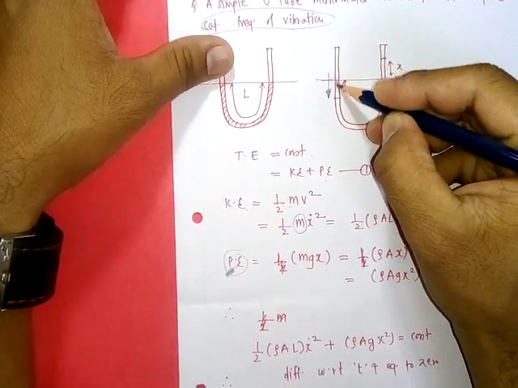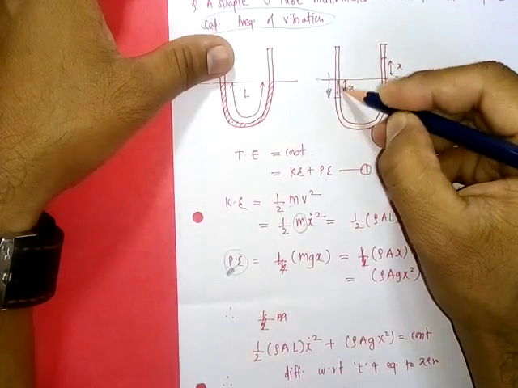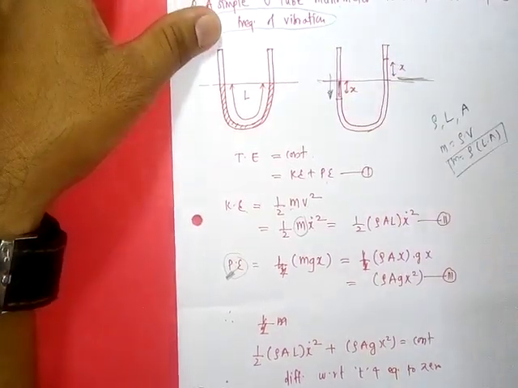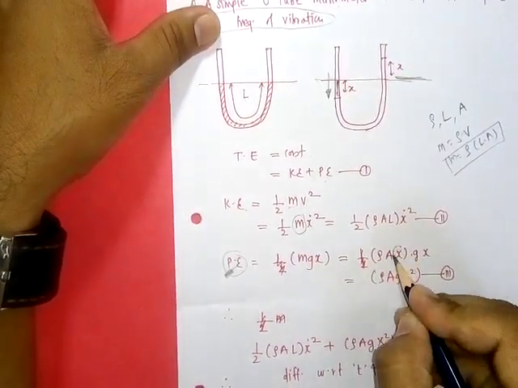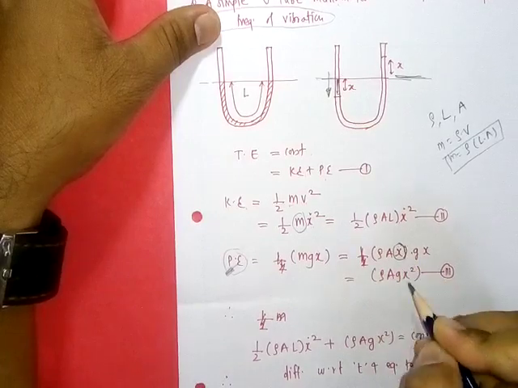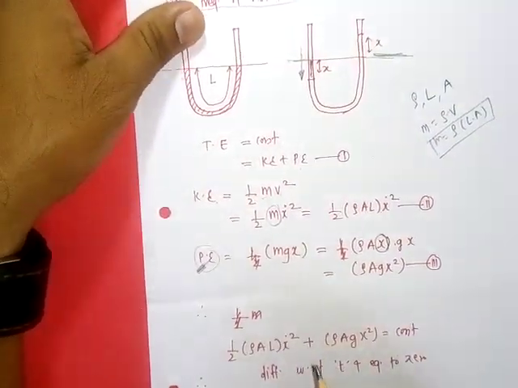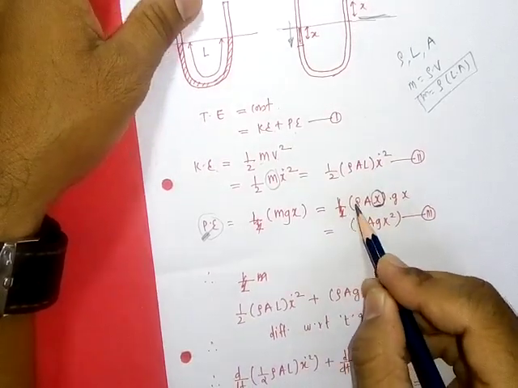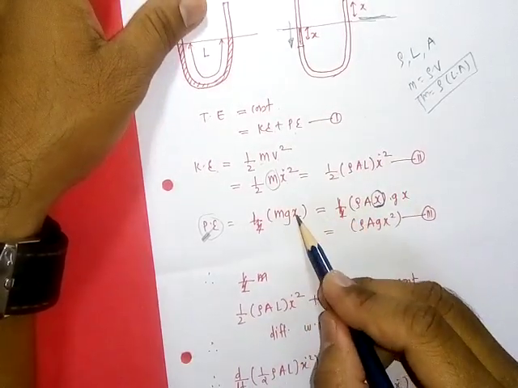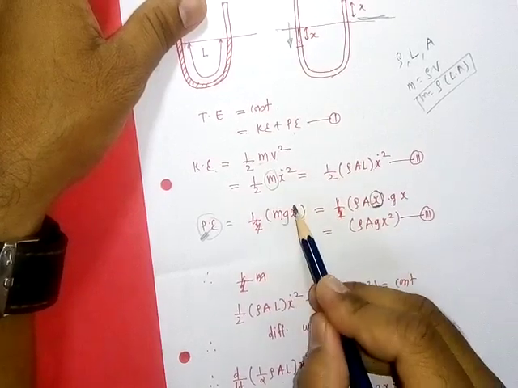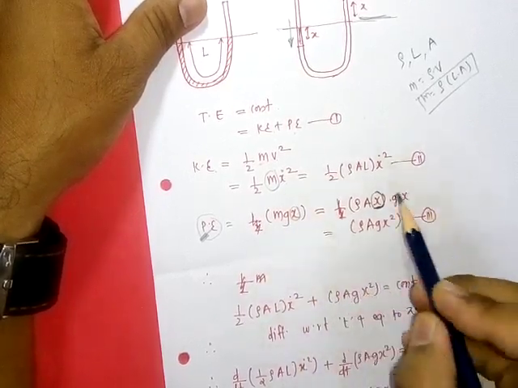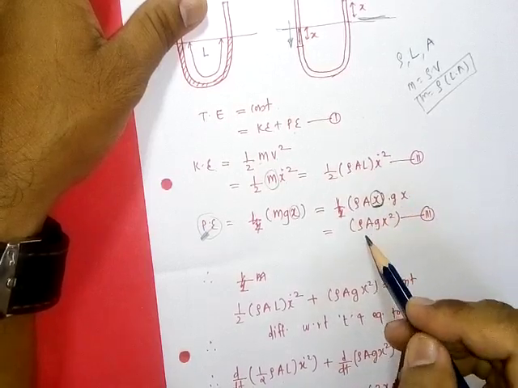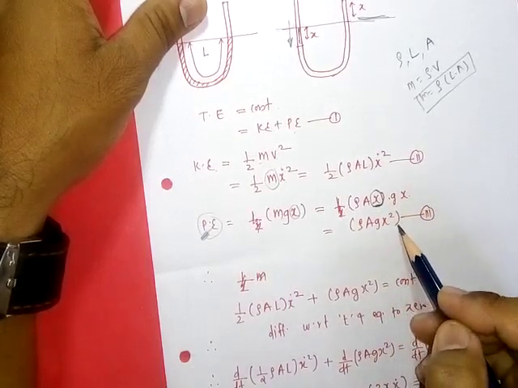The deflected length of water column is x, so while considering potential energy we consider the mass in only that x column. So the potential energy is m g x, where m within this deformation x is rho A x, so it is rho A x into g x. So the change in potential energy will be rho A g x square.